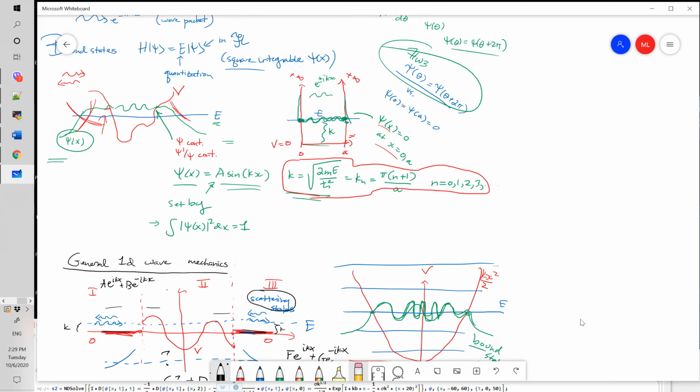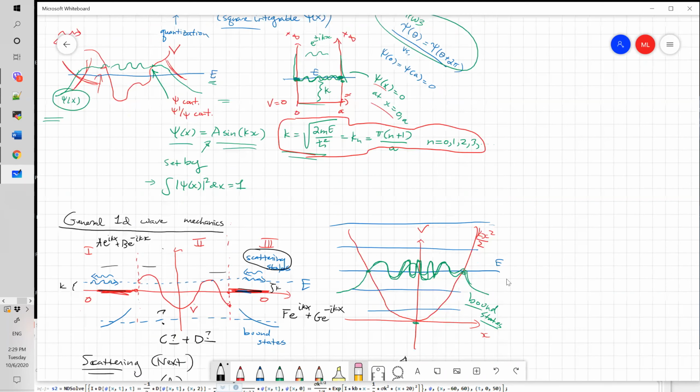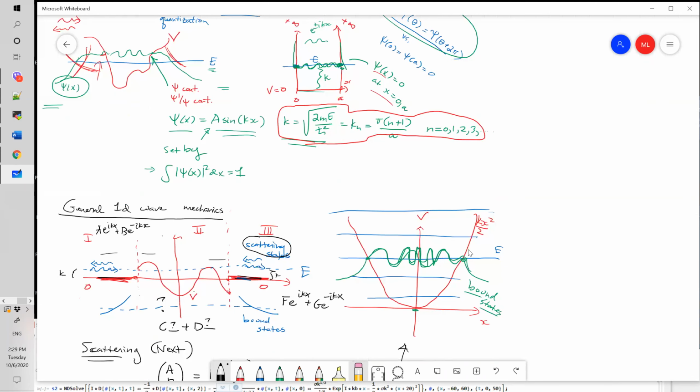That's the only way to satisfy the condition that the wave function decays away at infinity. Here, it decays really fast. It just goes to zero right away, right? So that's like the extreme version of this. But the harmonic oscillator solutions also kind of look like that. They decay to zero far away from the origin.